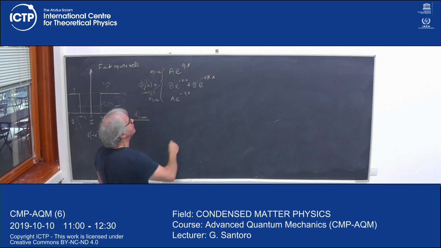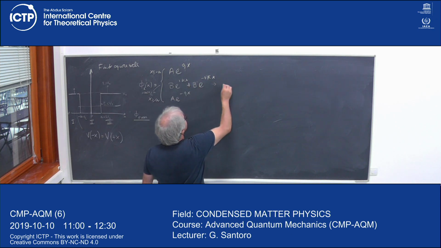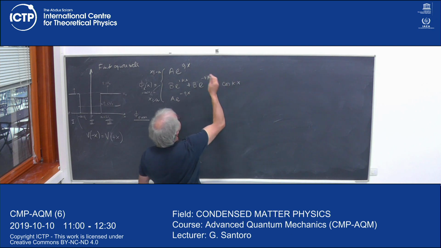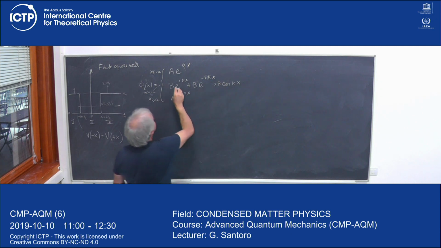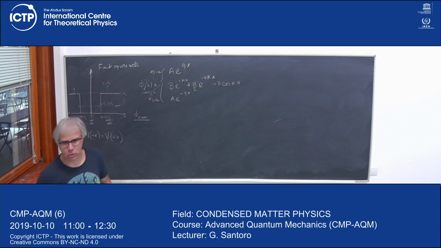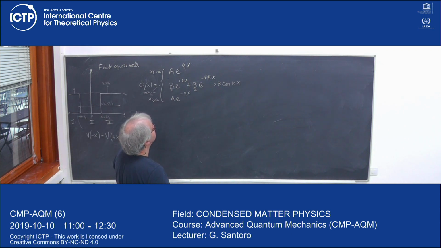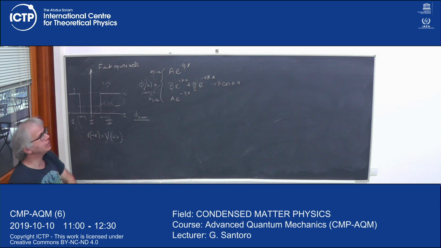So this is in fact the cosine of kx times B. In fact, I have to put B over 2 and B over 2 to really get B times the cosine, but apart from a change of name of the quantities, that's the function. So with this choice, and now only two constants, I have even functions.